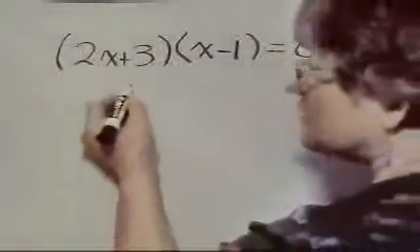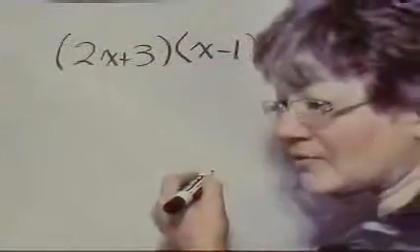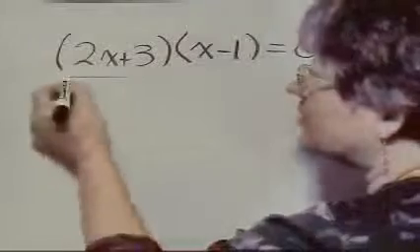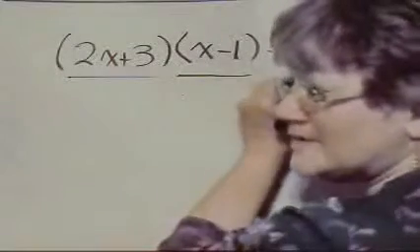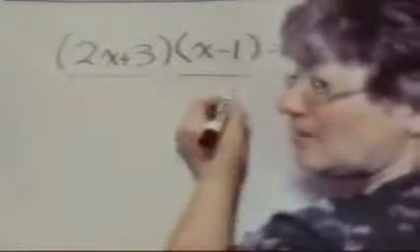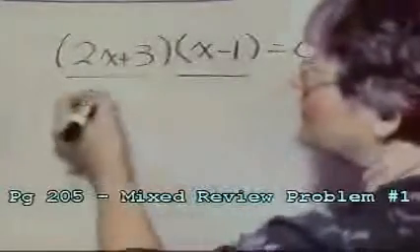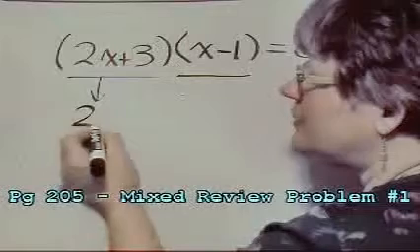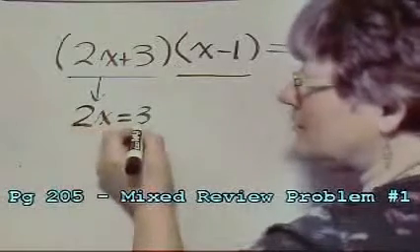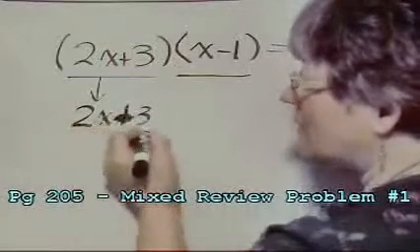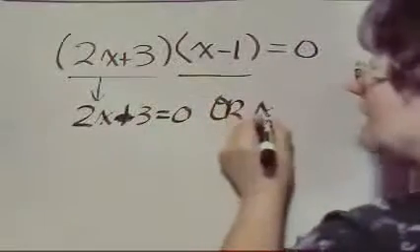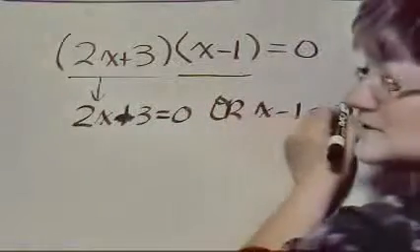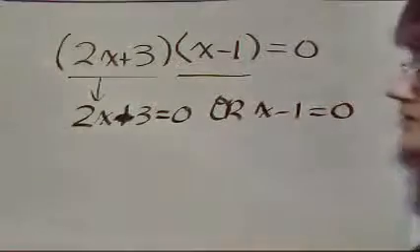So we can apply the zero product rule. If two numbers multiplied together give me 0, then one or the other or both are equal to 0. So that means 2x plus 3 equals 0, or x minus 1 equals 0. Again, these are called the roots.